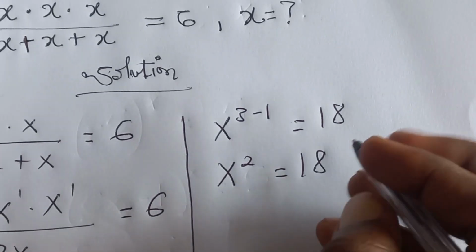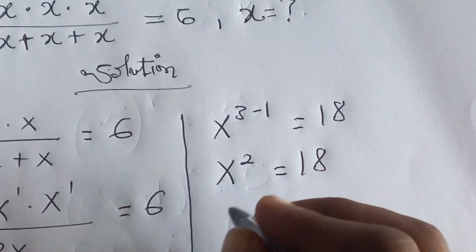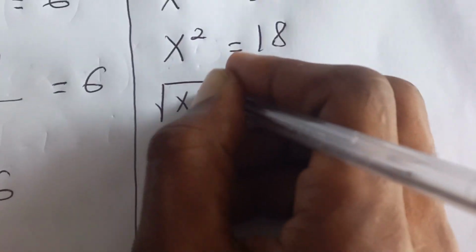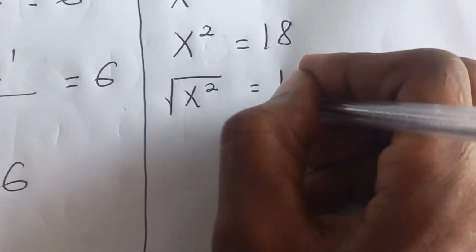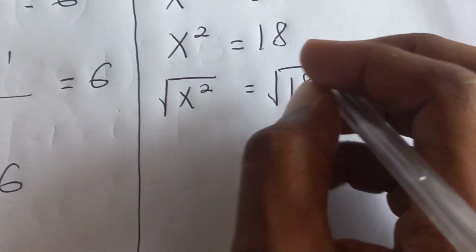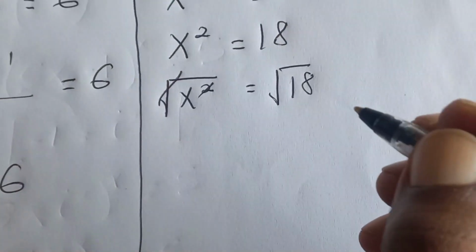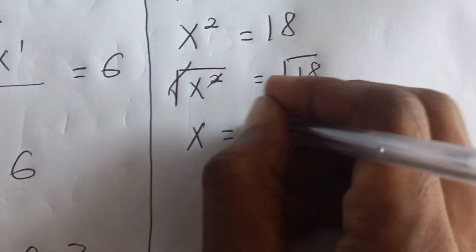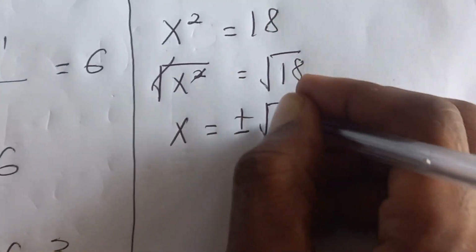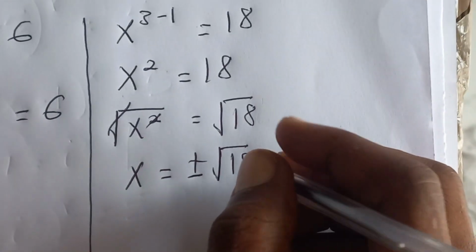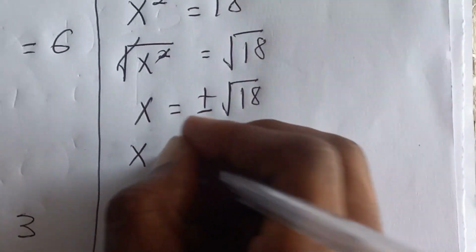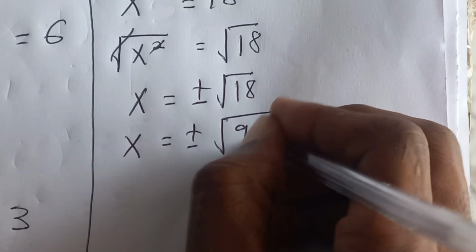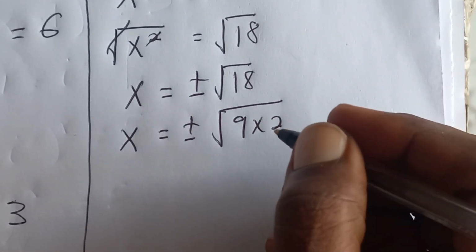Now we can take the square root of both sides. So I'm going to get root of x squared is equal to root of 18. So the two will cancel this. So x is equal to plus or minus root of 18. Now you can say that x is equal to plus or minus root of 9 multiplied by 2, the same as our 18.